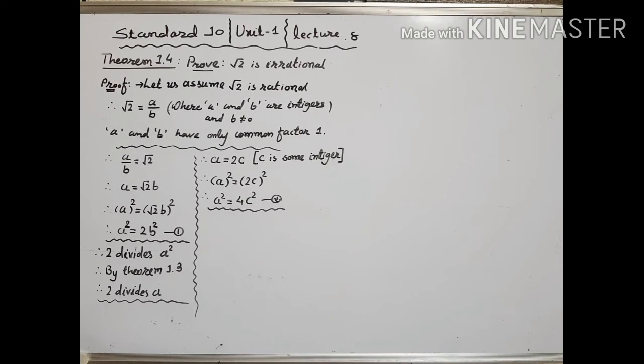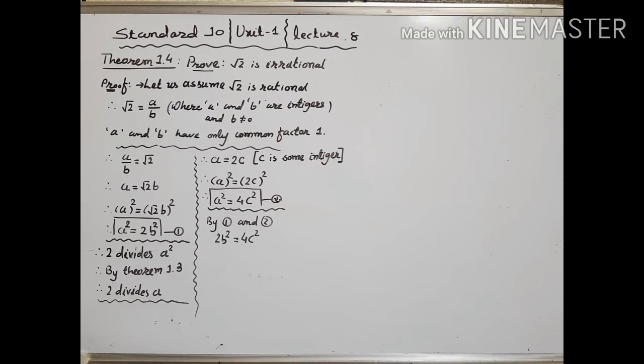By squaring both sides, we get another result, that is a square equals 4c square. Now see result number 1 and result number 2. In both of these results, we are given values of a square. In result 1, the value is 2b square, and in result 2, the value is 4c square, and both values are of a square.